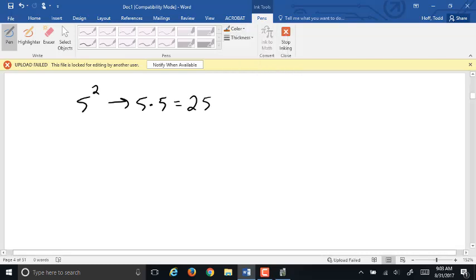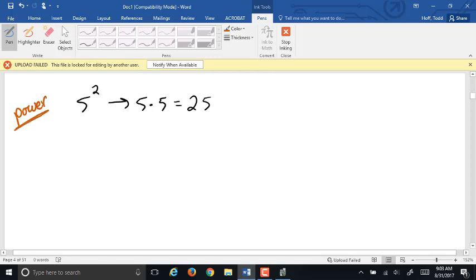Now, we mentioned that our operations come in pairs. Addition was the main operation. Its inverse, or it can be reversed by subtraction. Multiplication was a main operation. It could be reversed by division, right? Division is its inverse. This is called a power.